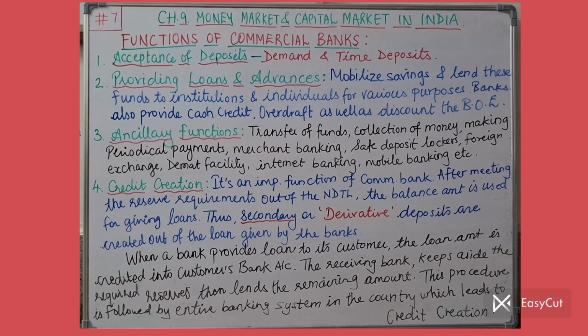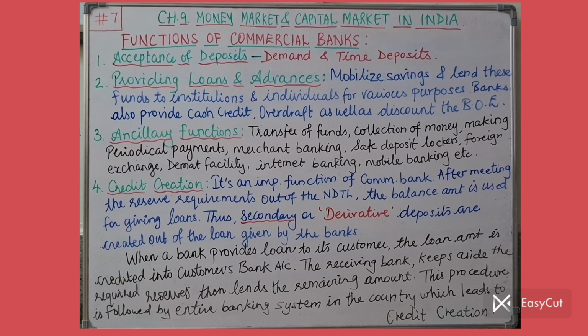Safe deposit lockers are provided to customers to keep their valuables safe. Then foreign exchange transactions are undertaken. Demat facilities are provided for stock market dealers. Then internet banking and mobile banking are provided. All these additional functions are nowadays undertaken by modern commercial banks.